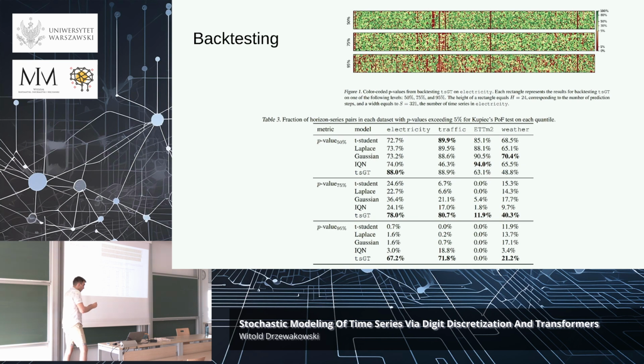we basically, for each time step in the horizon, for each specific time series from the data set, check how many times in those 100 windows the predicted value is higher than the ground truth. Basically, how many times we wrongly overestimate the 95th quantile, right?